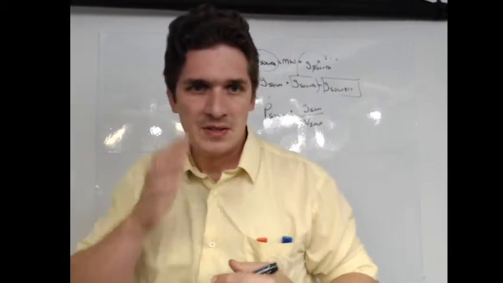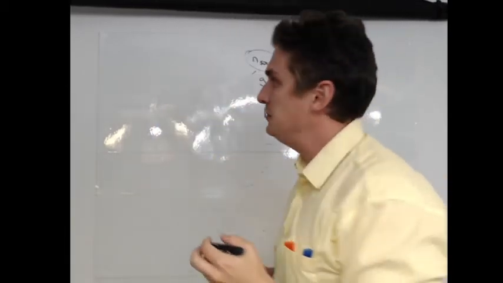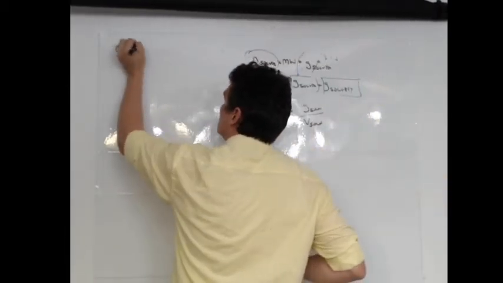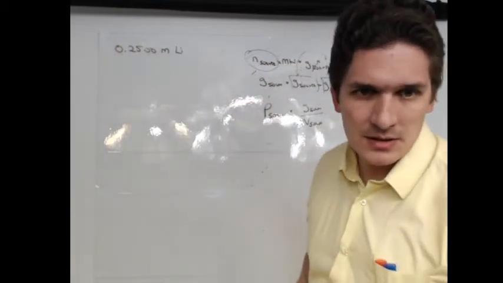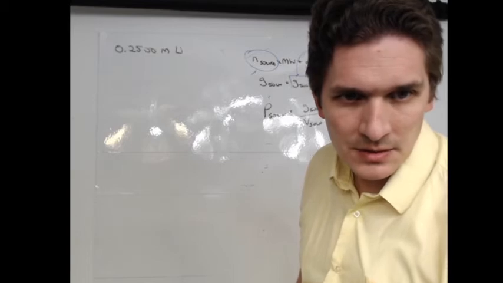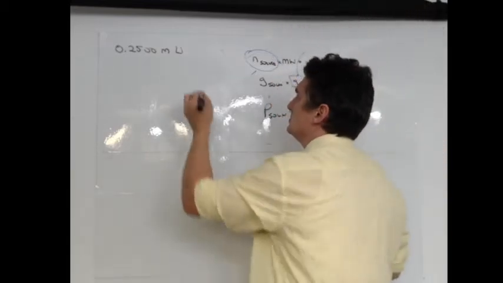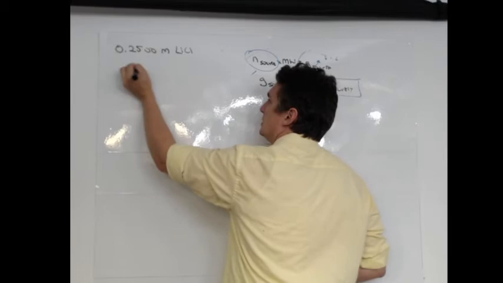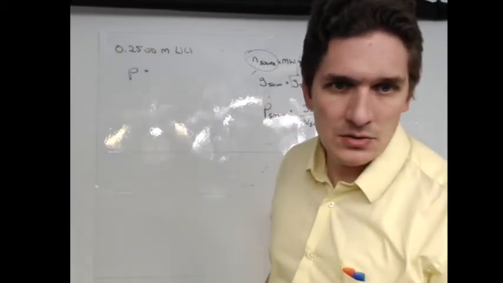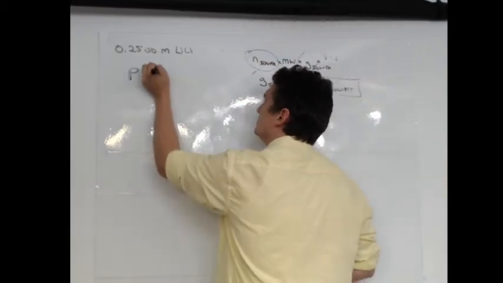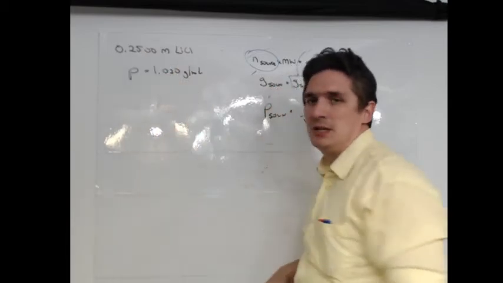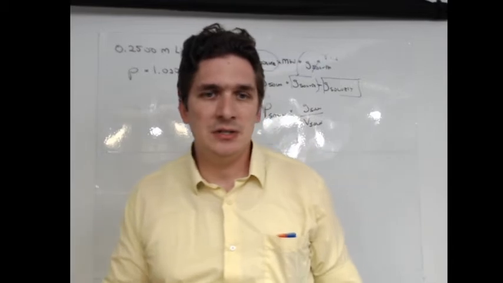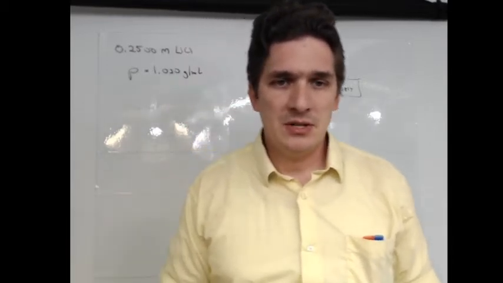So here the problem is a 0.2500 molar lithium chloride solution. And we're given that the density here is 1.020. Now, both of these are 4 significant figures, so your final answer here is going to need 4 significant figures.